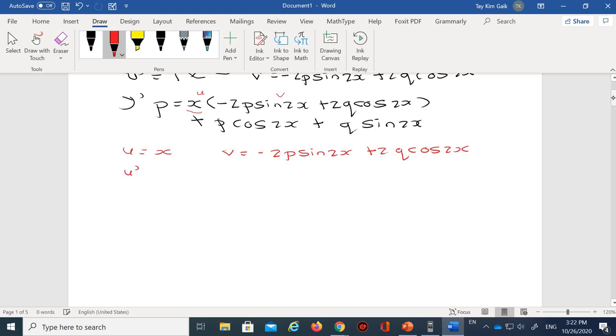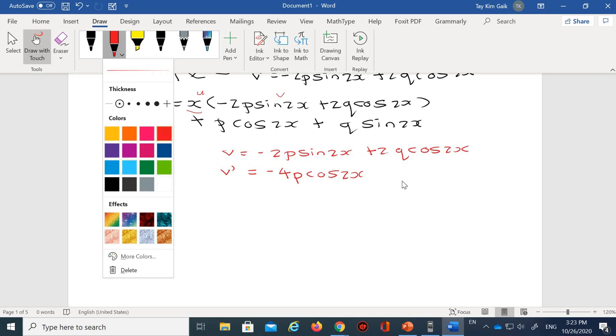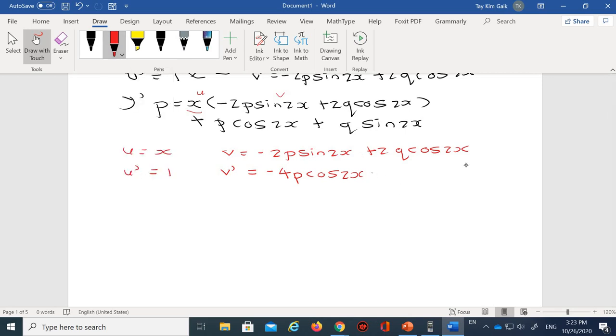So your u prime will be 1, v prime will be: differentiating negative 2p sin 2x you have negative 4p cos 2x; differentiating your 2q cos 2x you get negative 4q sin 2x.